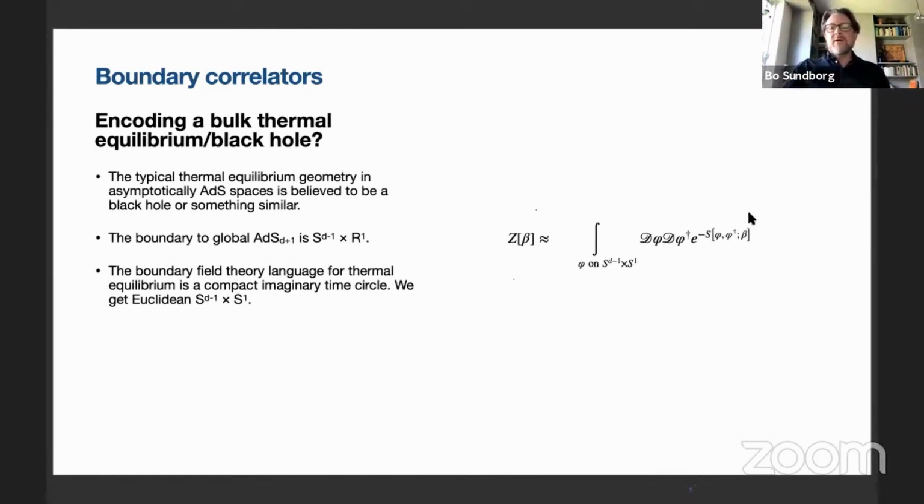So we are supposed then to study path integrals like this, where we have a number of fundamental fields that describe our large N theory.